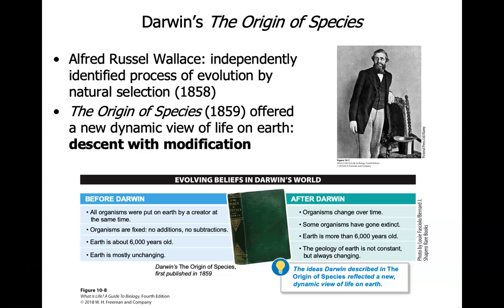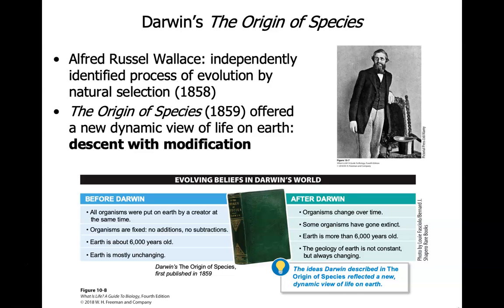Now, up to this point, Charles Darwin had not actually published anything. He boarded the Beagle in 1831, quite some time before he actually published anything. He finally published his ideas in 1859 because he was afraid that Alfred Russel Wallace was going to trump him.